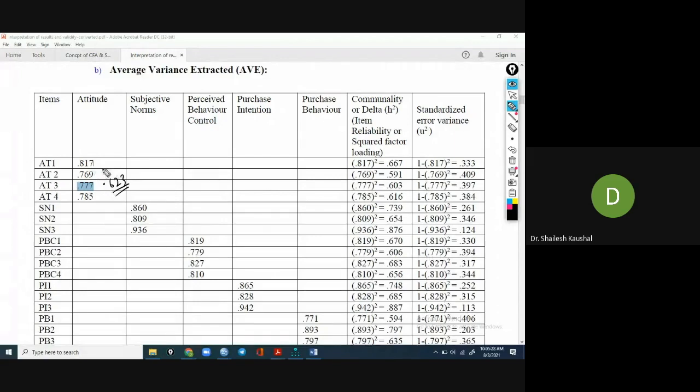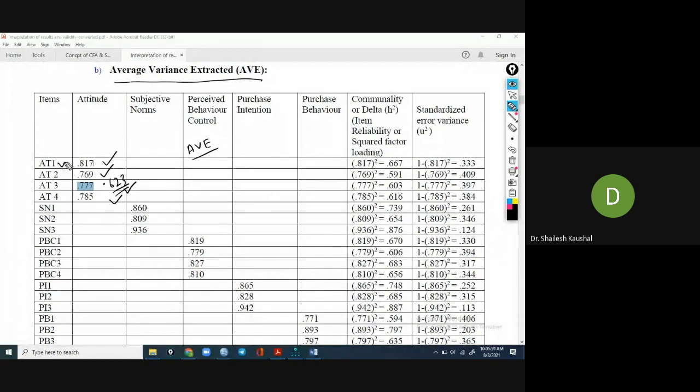Now the second method is average variance extracted. When we square the correlation, it becomes the variance. We square each factor loading, add all the squared factor loadings, and divide by the number of items.